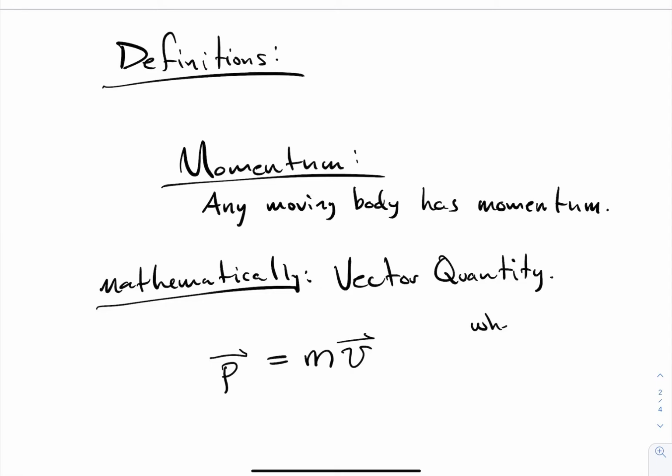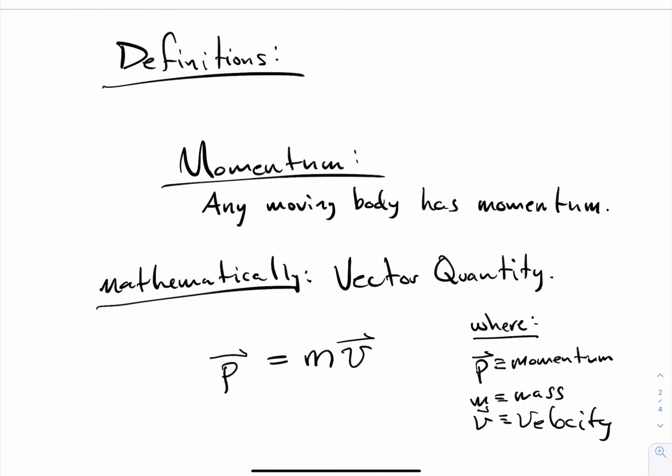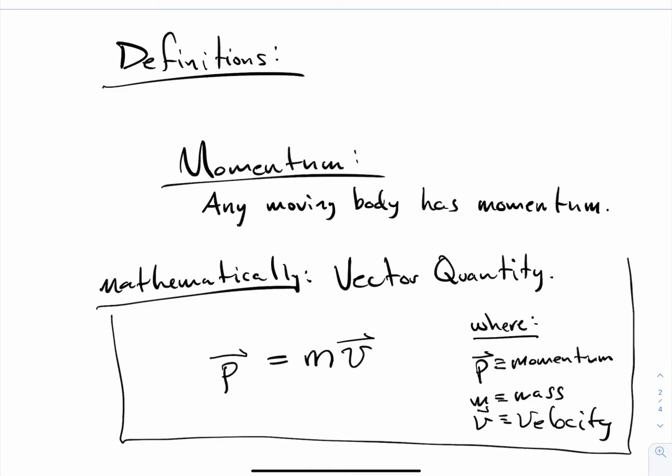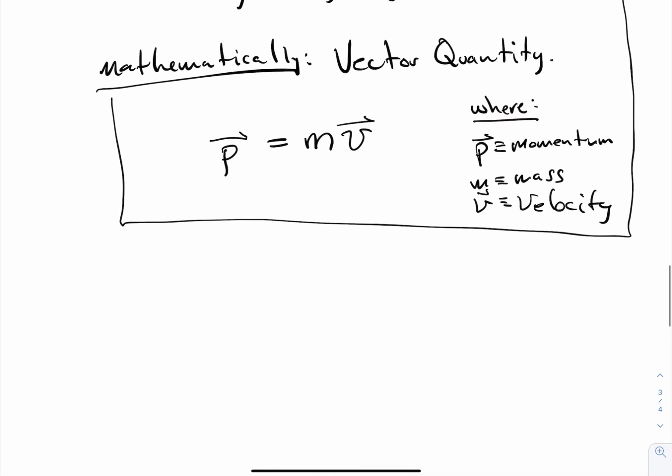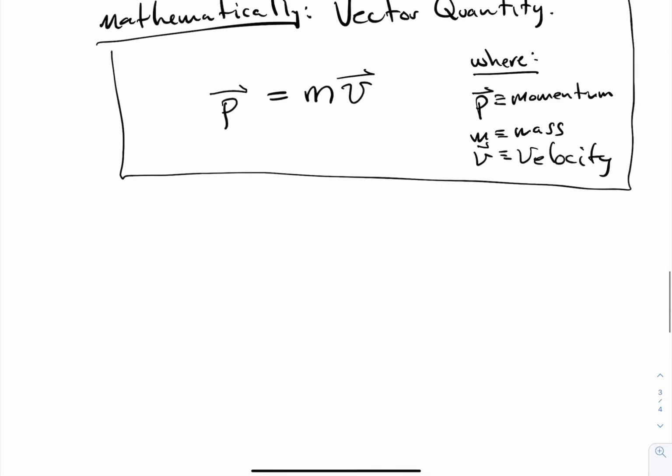So we can say where p is momentum, m is mass, and v is velocity. That is momentum.